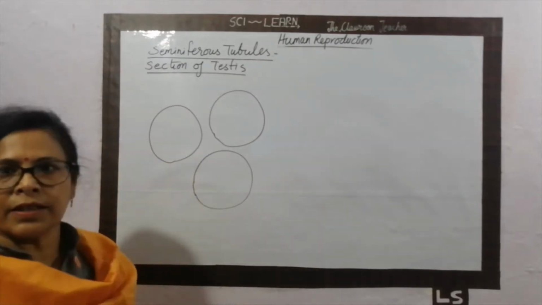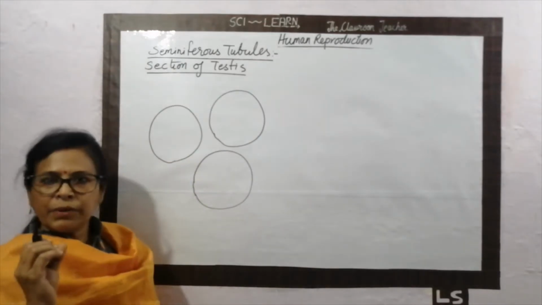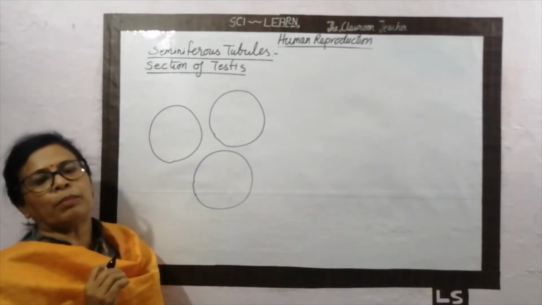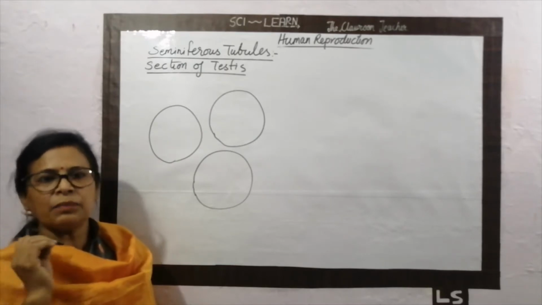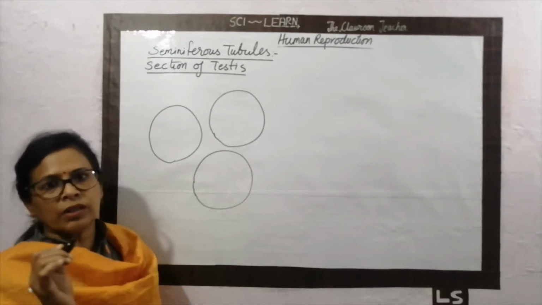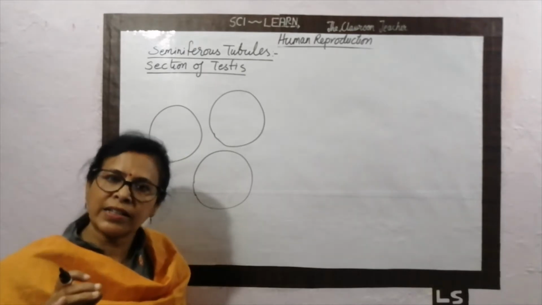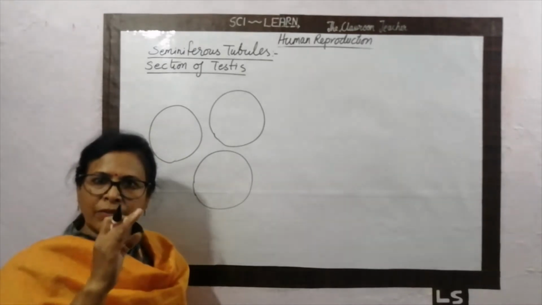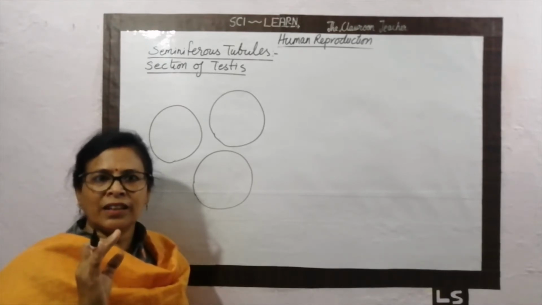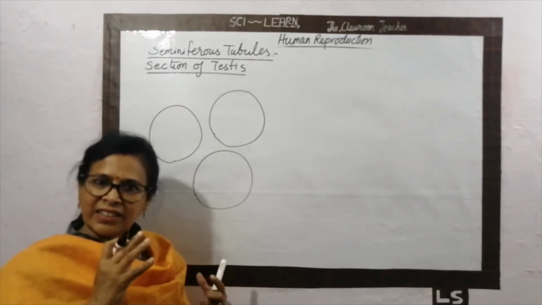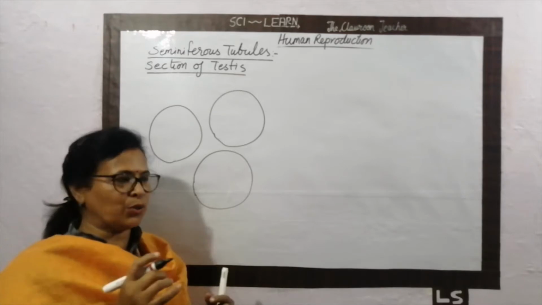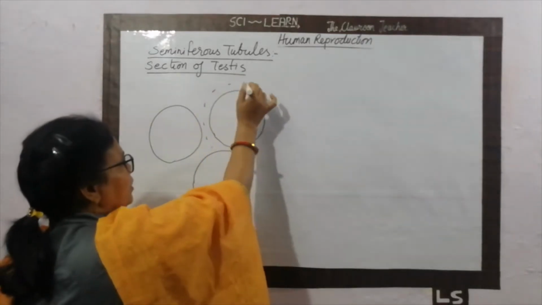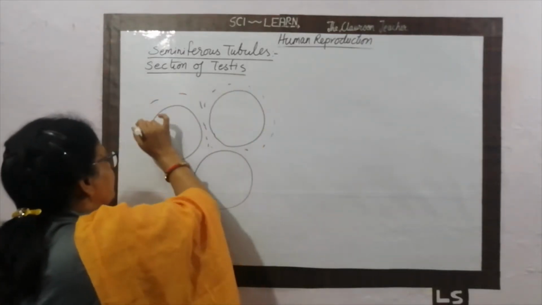Okay, this is the seminiferous tubule. The seminiferous tubule is an important part of the testis because this is the place where the male hormone is formed, as well as the sperm. The seminiferous tubules are present in the interstitial connective tissue.